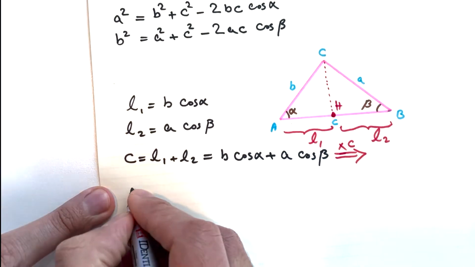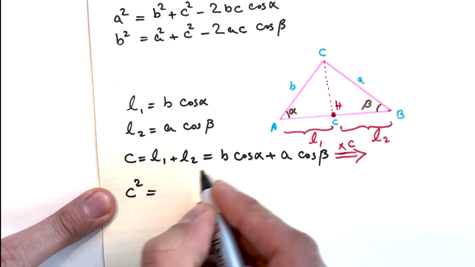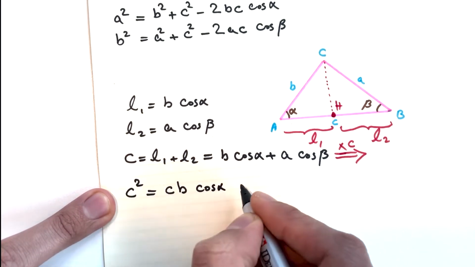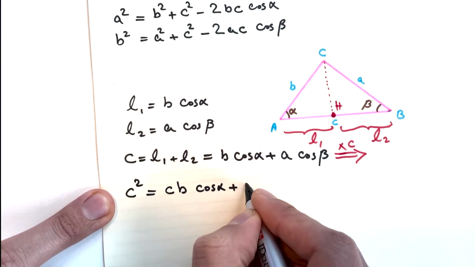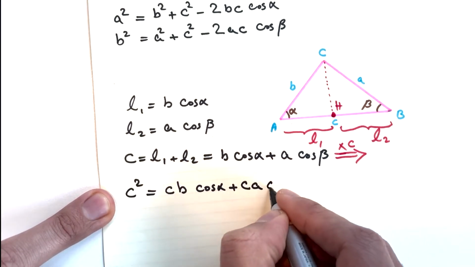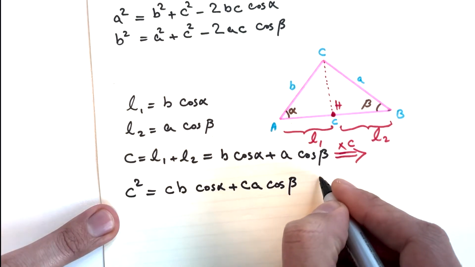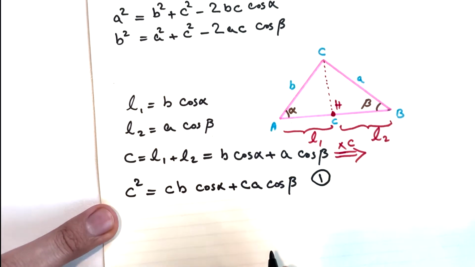I'll have c square is equal to cb cosine alpha plus ca cosine beta. Let me call this equation number 1.